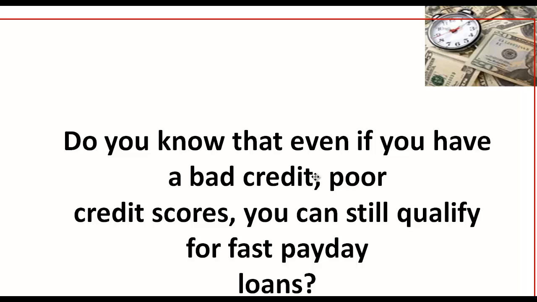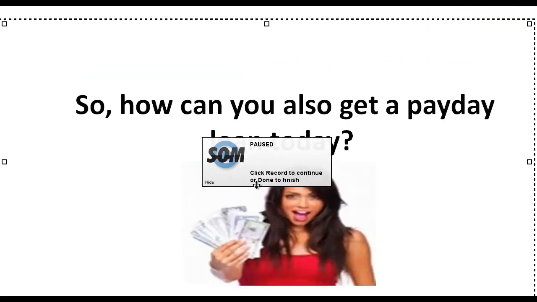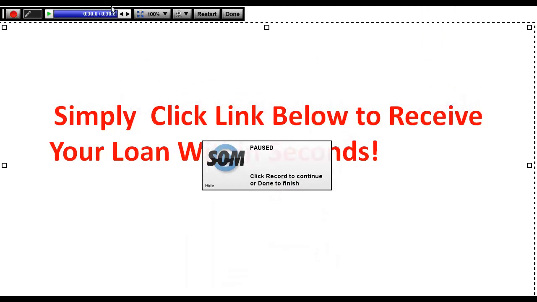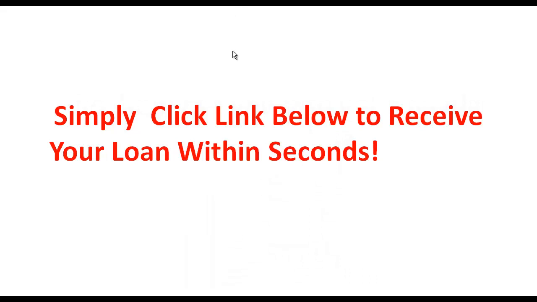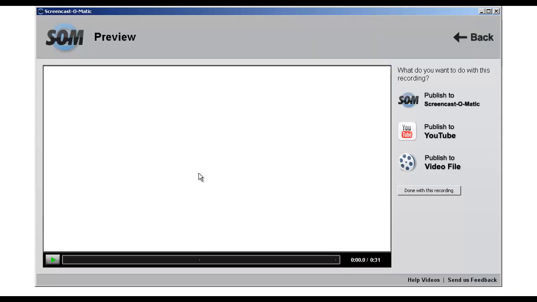Finally, when you're done with the recording, you just have to click Alt P again. And you'll see that click record to continue or done to finish. So here I can click done, and here I will get a preview of whatever I recorded.